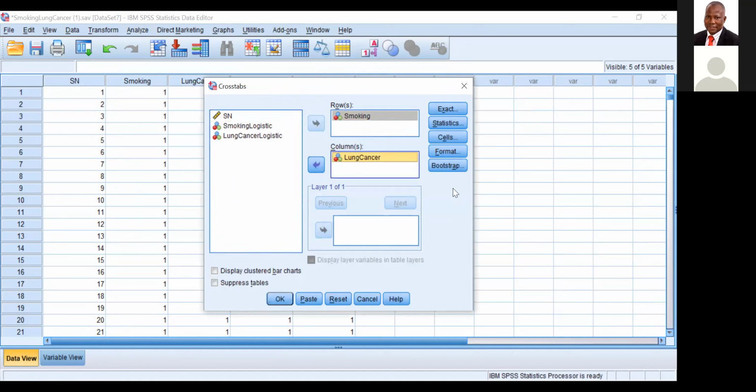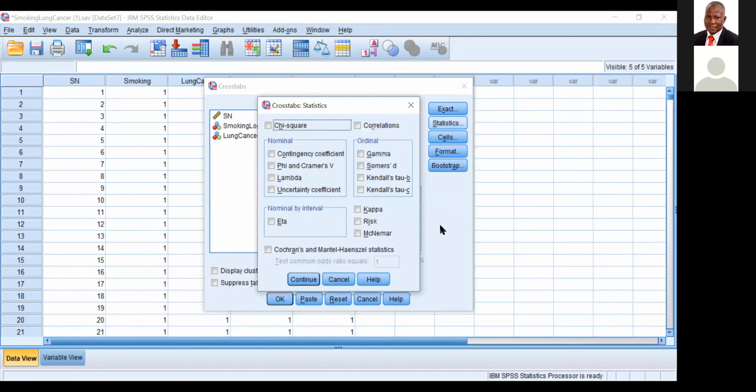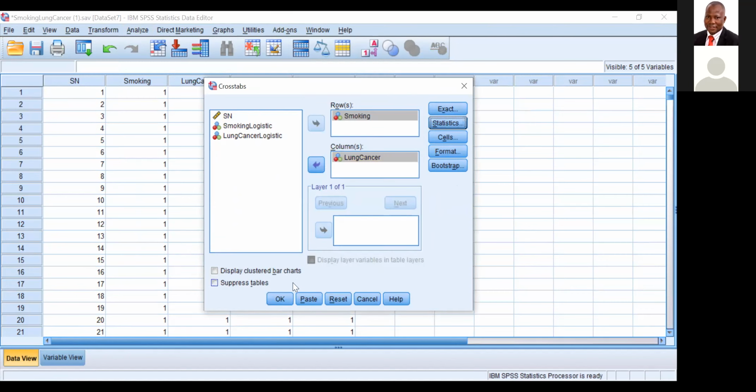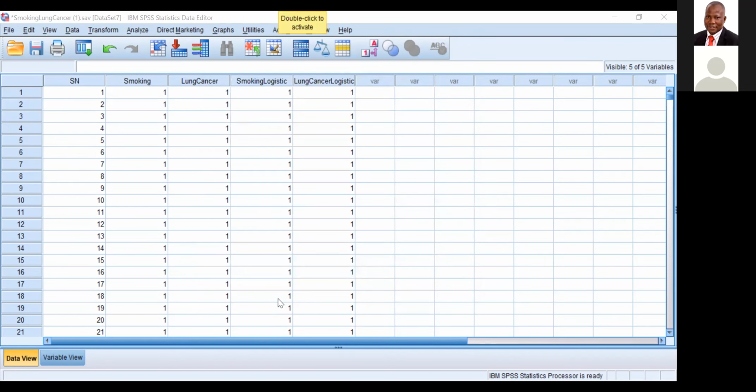Now go to statistics. You see risk. Look at risk. Click continue. Click OK. So stop sharing and share the results.